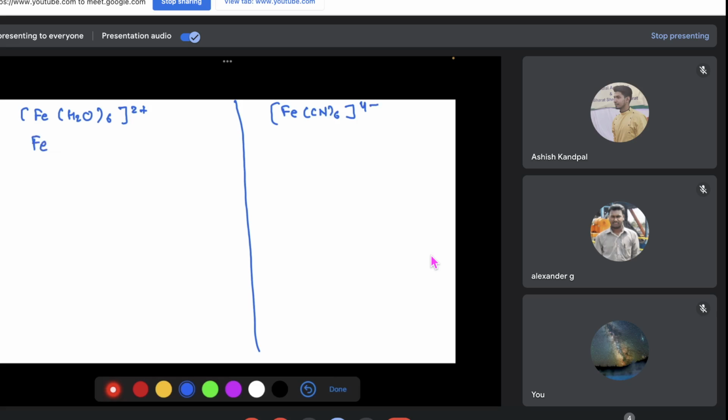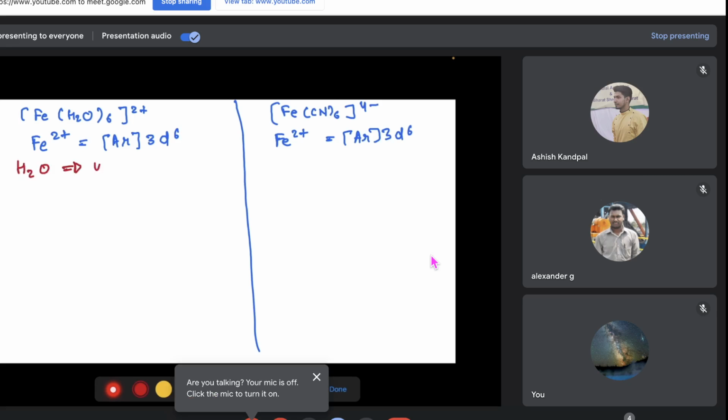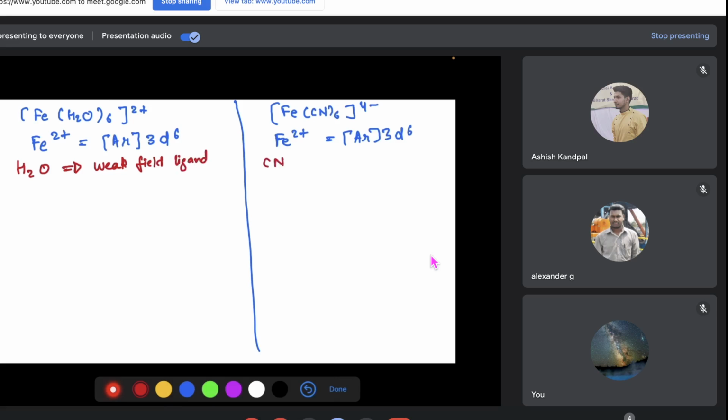In both complexes I have Fe²⁺, so my electronic configuration becomes 3d6, and here also it is 3d6. You can note that H2O here will act as a weak field ligand, and here CN⁻ will act as a strong field ligand.